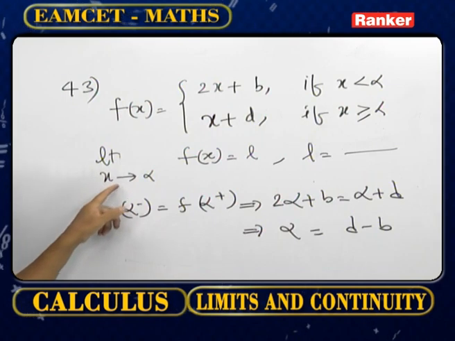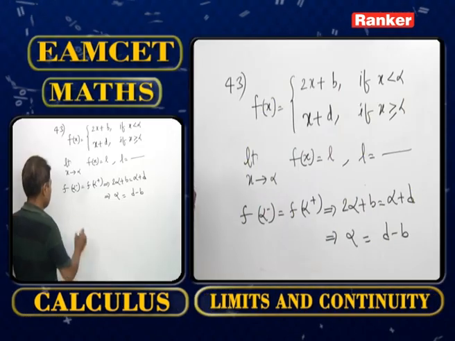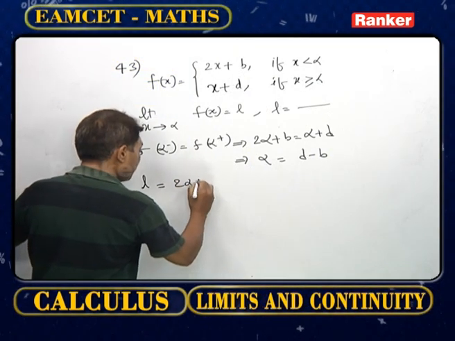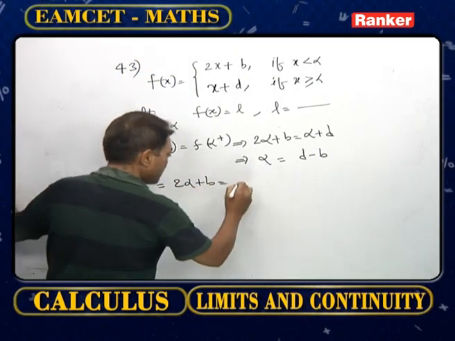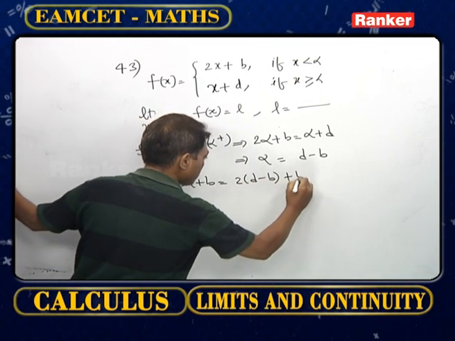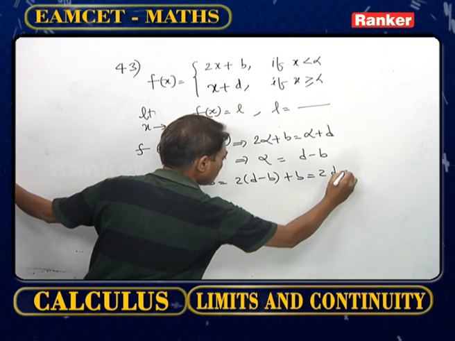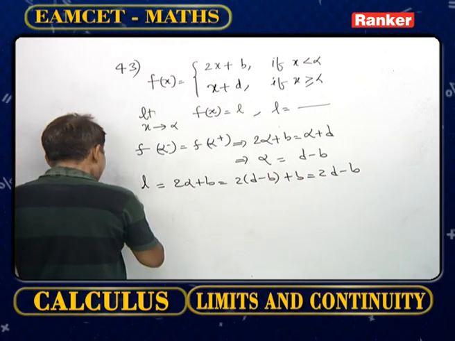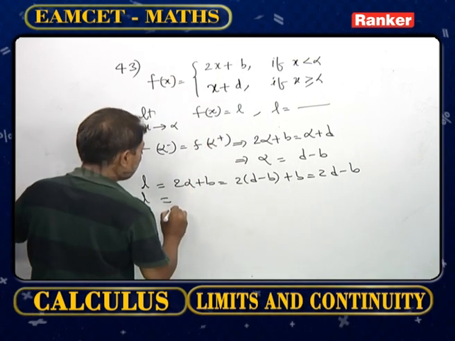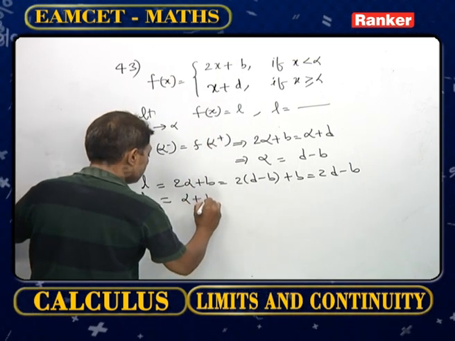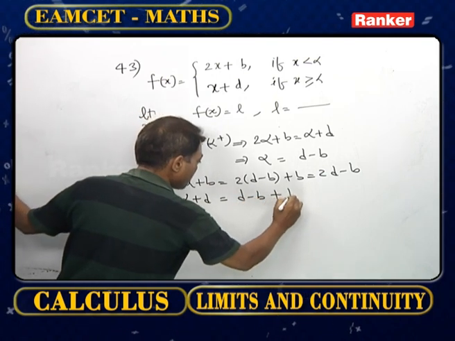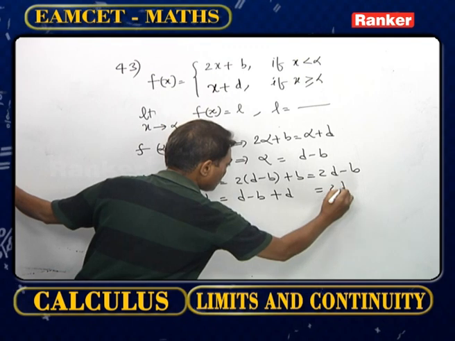Now, as x tends to alpha, either this or this you have to find. So the L value is equal to 2 alpha plus b. Let us put alpha equal to d minus b: 2 into d minus b plus b, that is 2d minus b. Or you can use the right hand limit, x plus d, alpha plus d. Alpha is d minus b plus d. This is also 2d minus b.